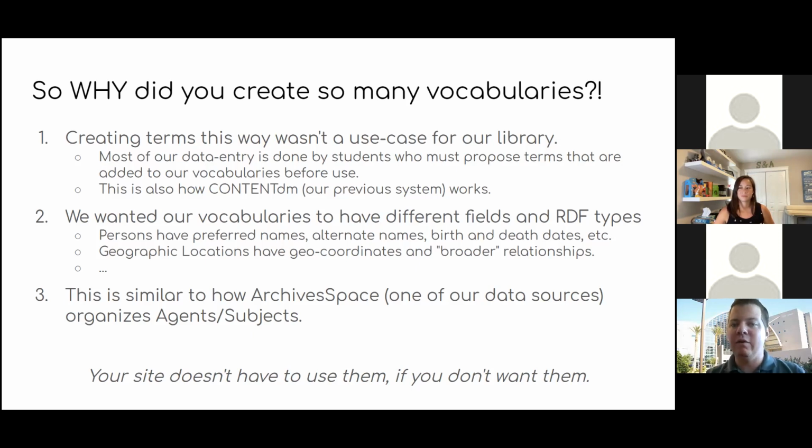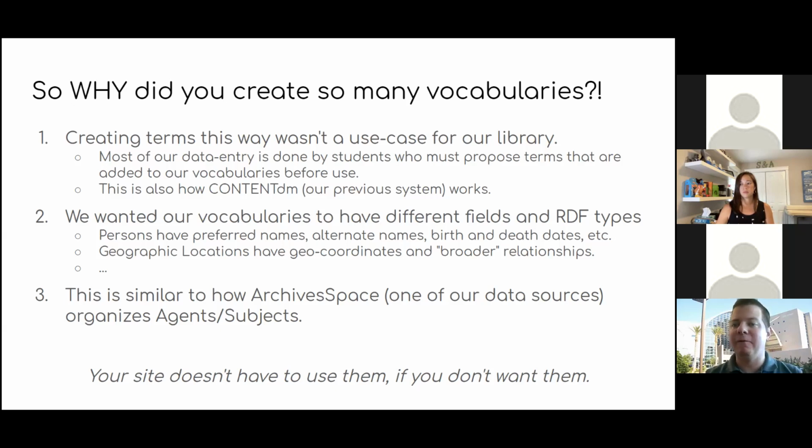Why did we create so many vocabularies? We wanted our vocabularies to have different fields and RDF properties. For example, because we can define fields for these terms, in a person vocabulary we can add things like preferred names, alternate names, birthdays, death dates, and biographical notes about these people, which are fields that I might not include on my subject vocabulary.